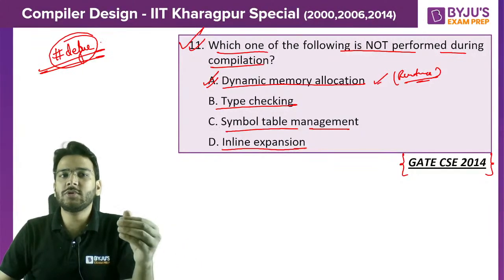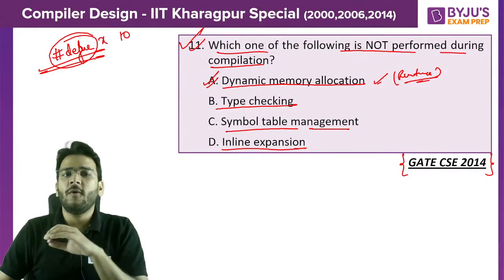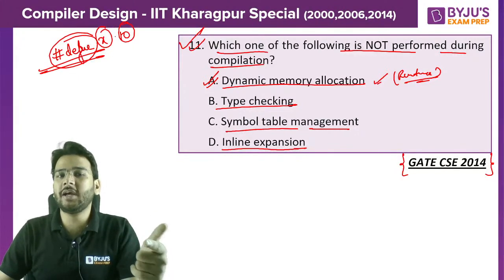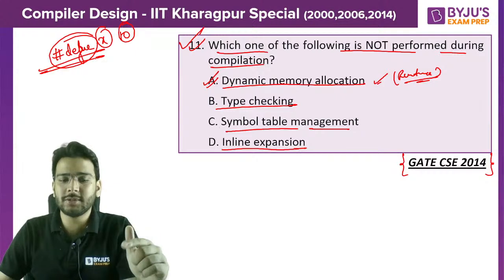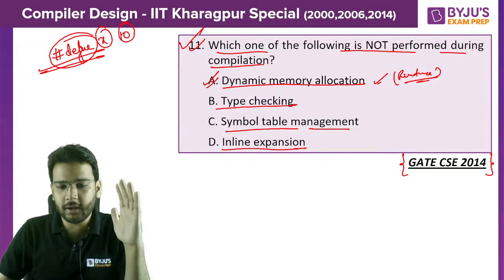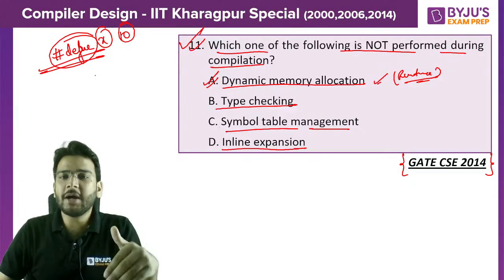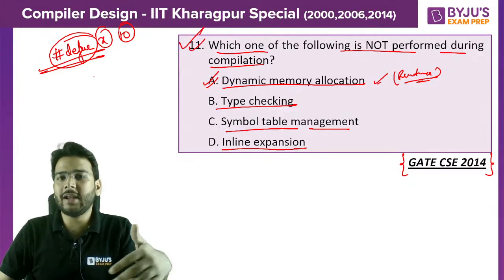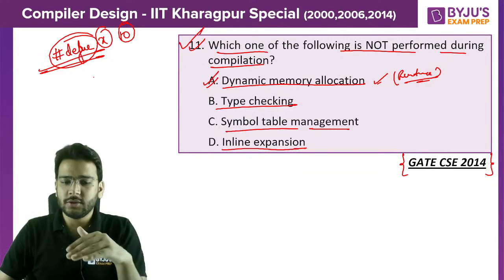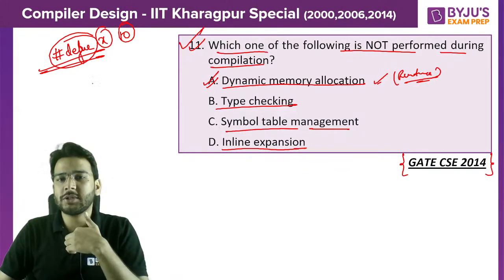Suppose if you have x and 10 here, wherever you have x in the program, that will be replaced by 10, and that is being done by the preprocessor. That is before the compiler. Inline expansion is part of compiler optimization only. Clear? So that is there in the compilation process only.